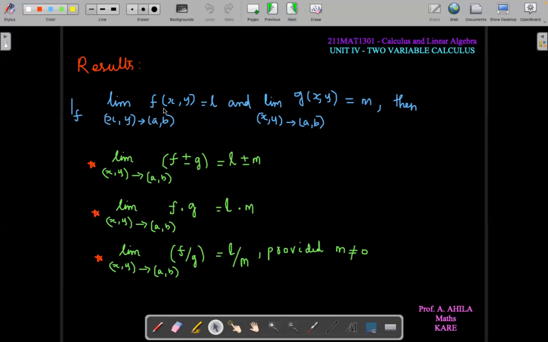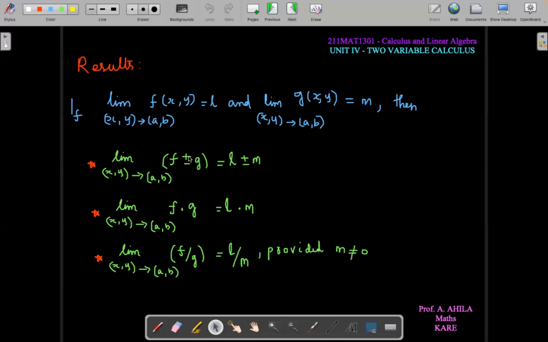You should see that the approaches are the same, so only the function differs. Under the f function we are getting one limit L, and under the g function the limit m.